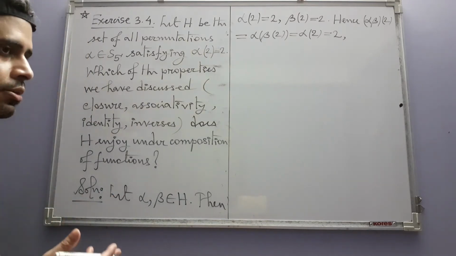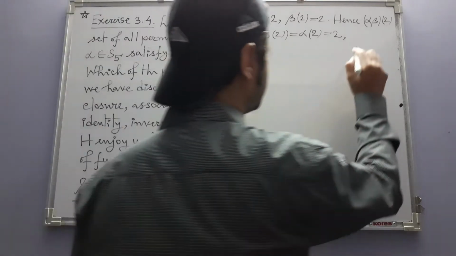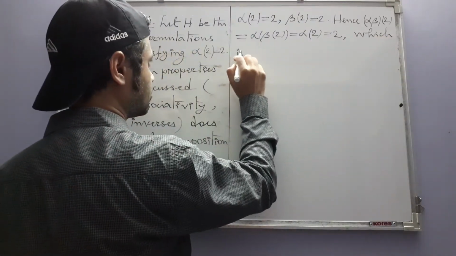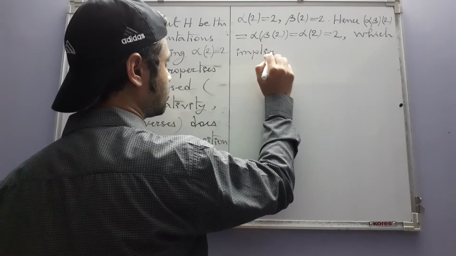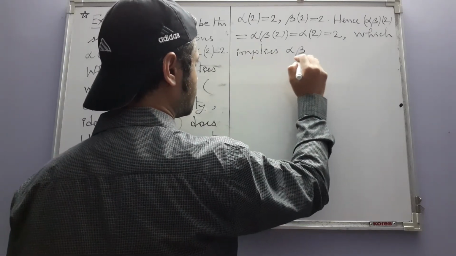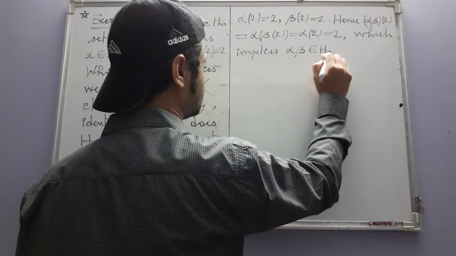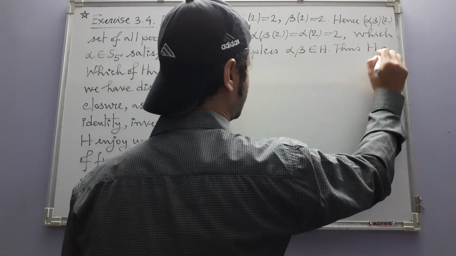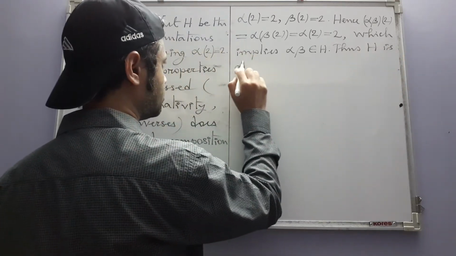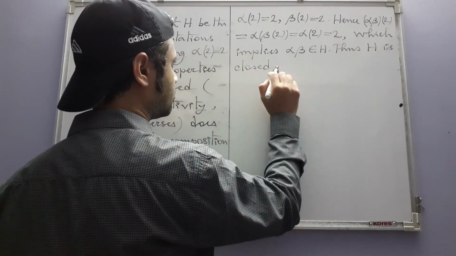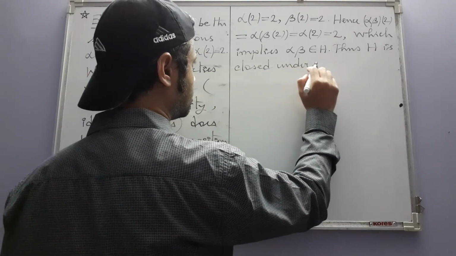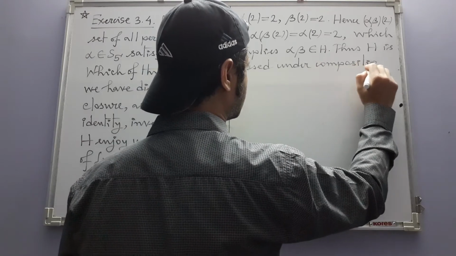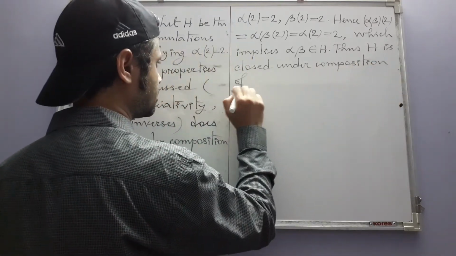So the composition also does not change 2, which implies the composition belongs to H. Thus, H is closed under composition of functions.